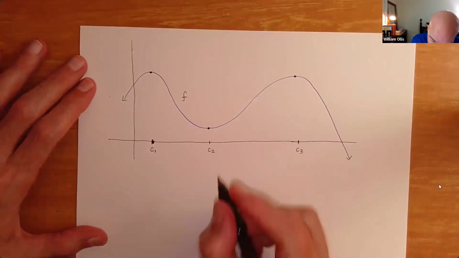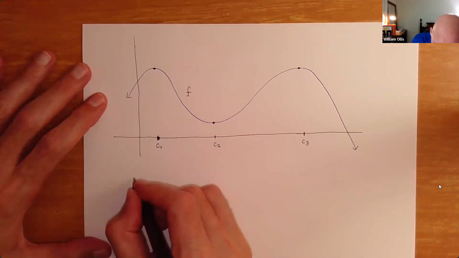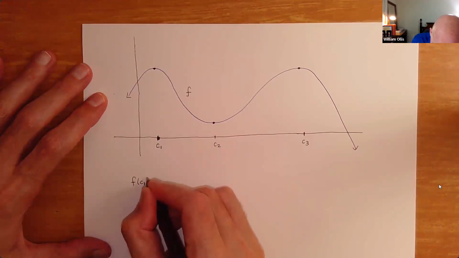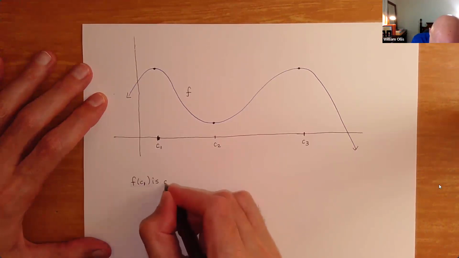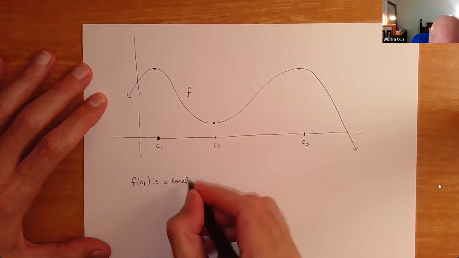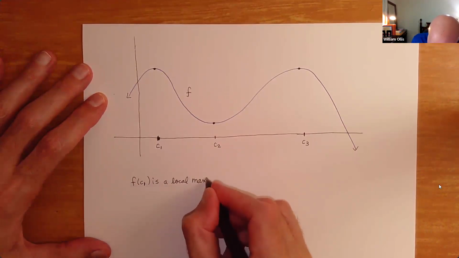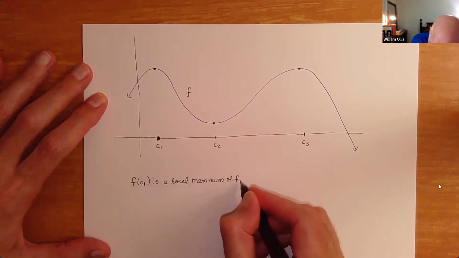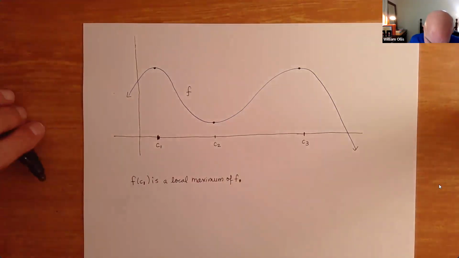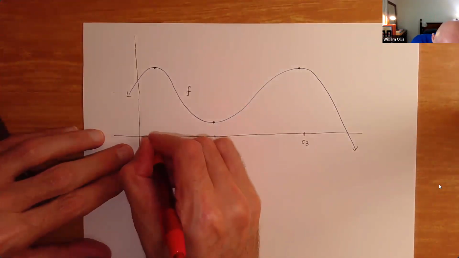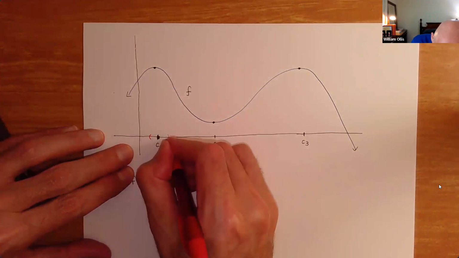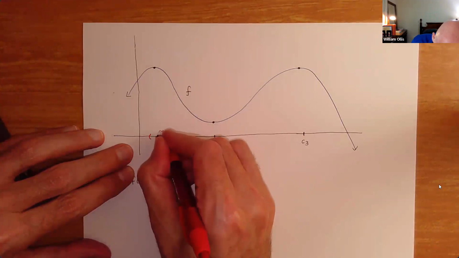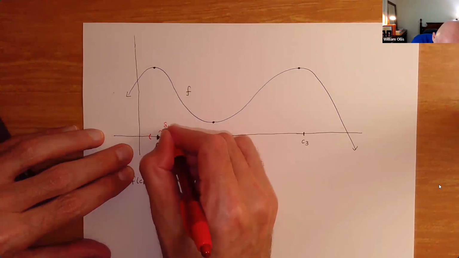So what we're going to say is the following. We'll say f of C2, or we'll start with C1, is a local maximum of f, meaning that we can take a small interval, a symmetric interval about C, and we could just call this of length delta 1.